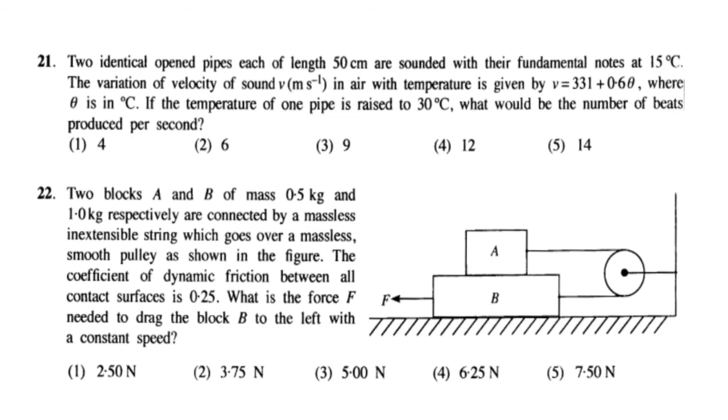Then taking the gradient, you can write v2 minus v1 divided by 30 minus 15 equal 0.6. That is v2 minus v1 equal 0.6 into change in temperature, which is 15. So v2 minus v1 equal 9. And v is f lambda.